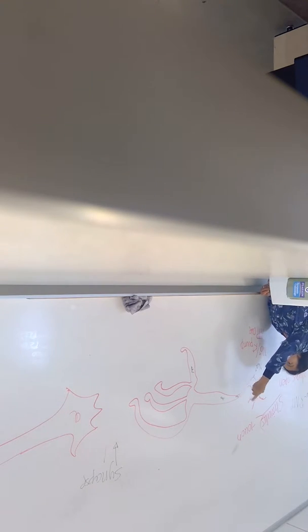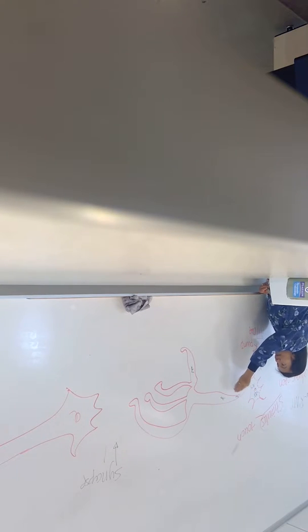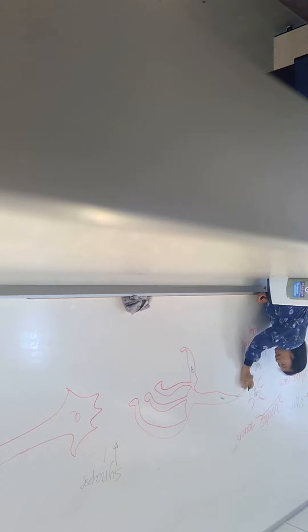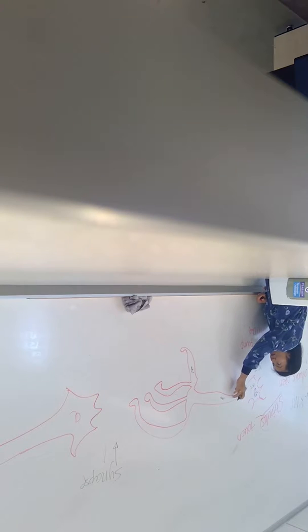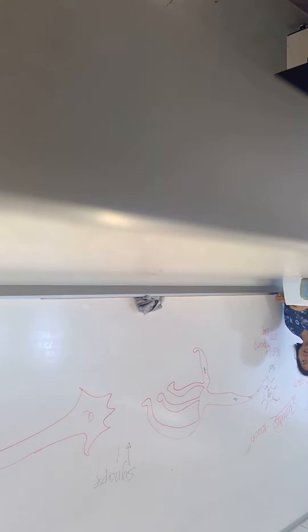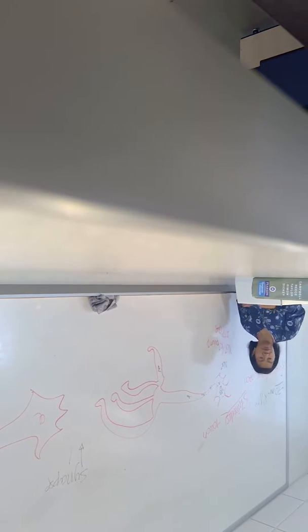So sodium will keep going in, and it's step by step, right? First, this was minus 70. This one right here becomes minus 60, minus 55, up to positive 30, right? It just moves step by step. That's how it goes, like water, right?